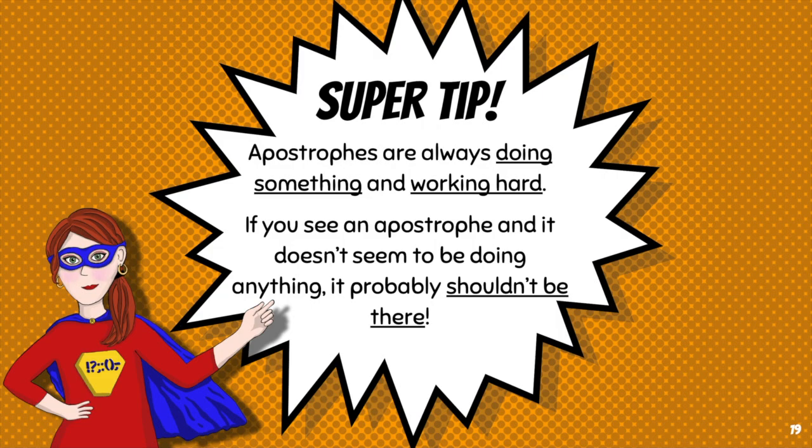I want you to bear this in mind when using apostrophes. What is this apostrophe actually doing? Is it showing that someone possesses something? Is it showing that two words have been squished together, a contraction? Or is it showing that there used to be a letter there that I've actually got rid of? If it's not doing any of those things, then you probably don't need that apostrophe.